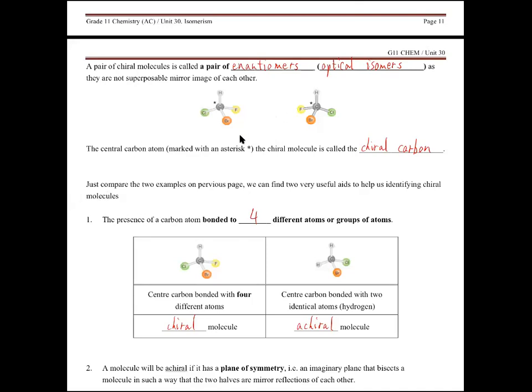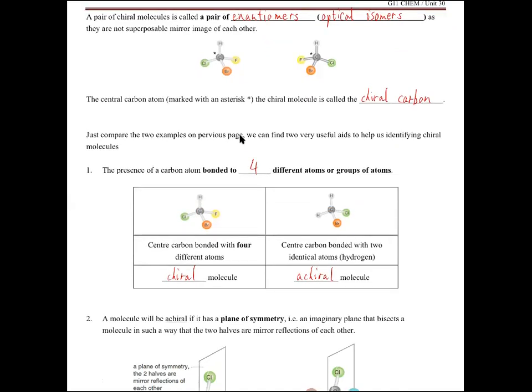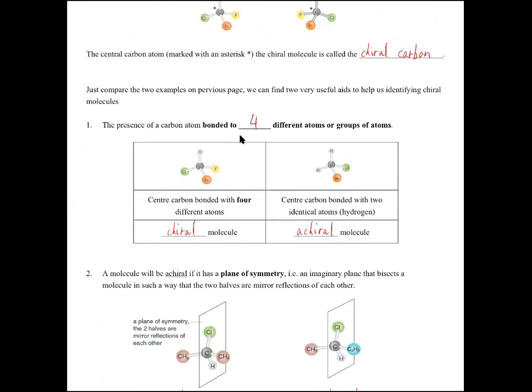Okay, so last time we learned the other type of stereoisomerism, which is optical isomers, or we sometimes just call it enantiomers. In order to find out whether a molecule can have enantiomers, we need to check whether we can find a chiral carbon.